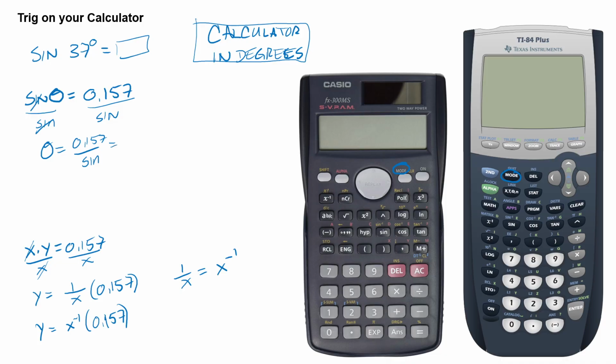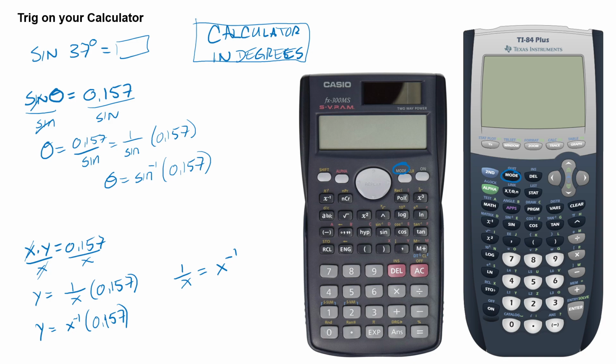Wouldn't that also be 1 over sine times 0.157? That tells me that theta equals sine to the negative 1 of 0.157. Guess what? On your calculator, there's a sine to the negative 1 button.